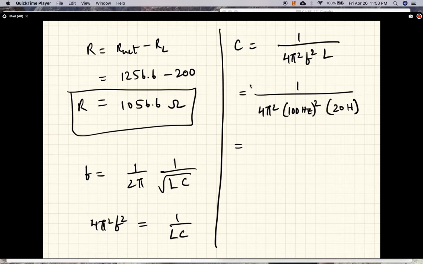So this is 10 to the 4, 10 to the 5. We'll bring that up. So that's 10 to the minus 5. And this is a capacitor, so it'll work out in farads. 4, 5. So we have 2 left, 8 pi squared.